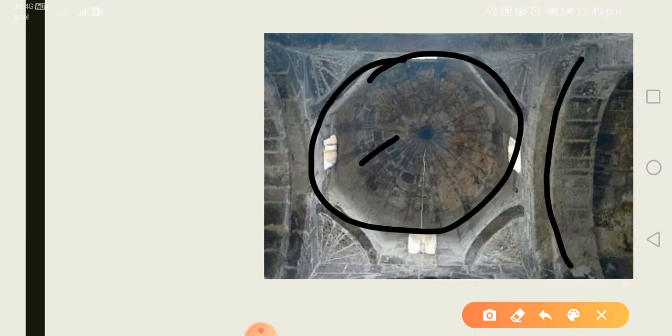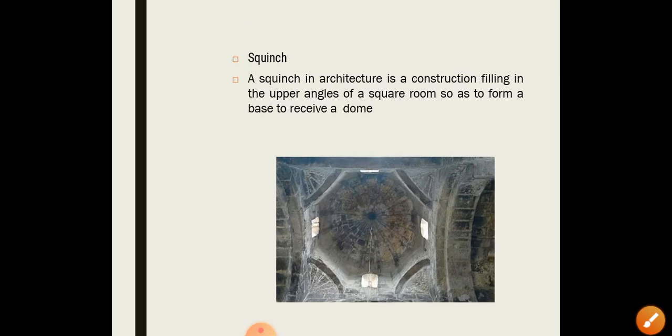To receive this dome, side panels are provided as support. The dome is supported on these four sides. It is called the squinch.